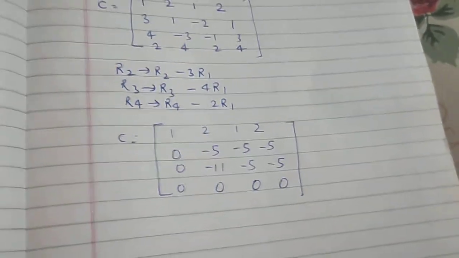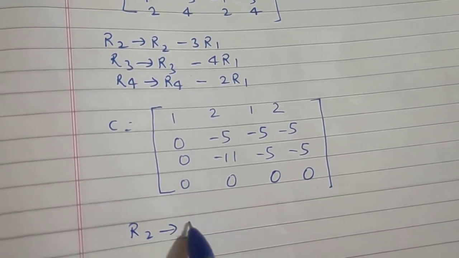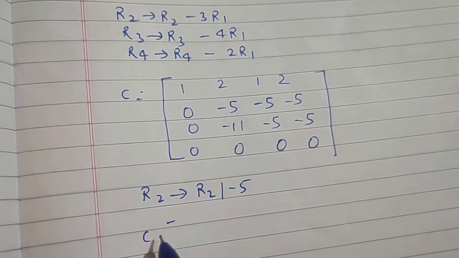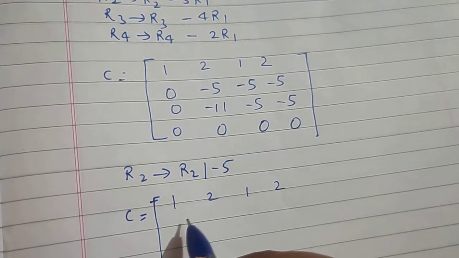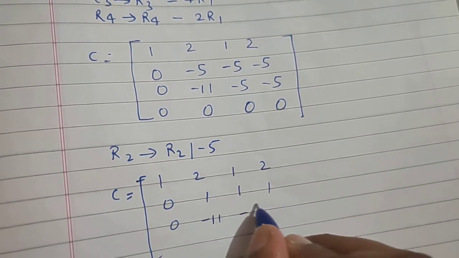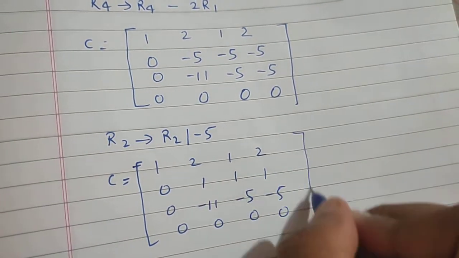But we'll simplify it a bit more. So we can write r2 as r2 divided by minus 5. So this will again become 1 2 1 2, 0 1 1 1, and 0 minus 11 minus 5 minus 5, 0 0 0 0.